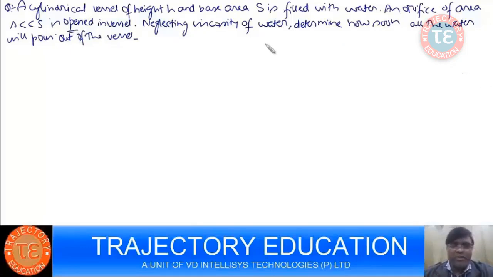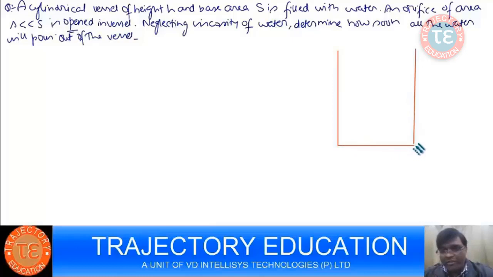So I think it must be opened in the bottom, otherwise the height of the orifice would have been given. Let's assume that it's opened at the bottom, because I want all the water to pour out. So all the water can pour out only when I have the orifice at the bottom, right?